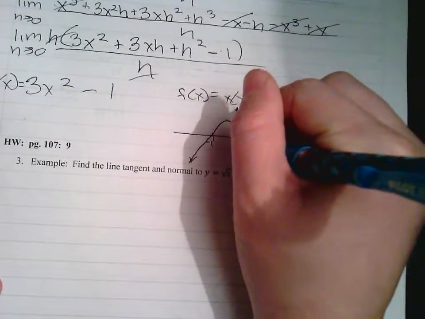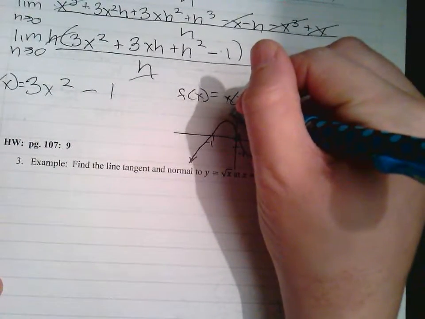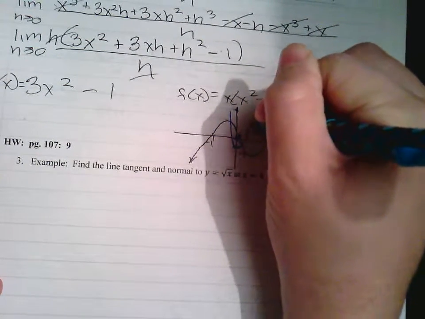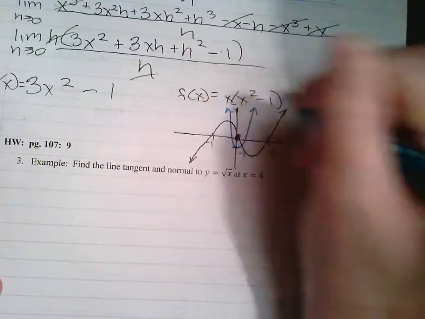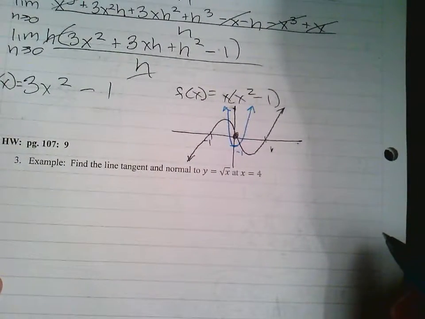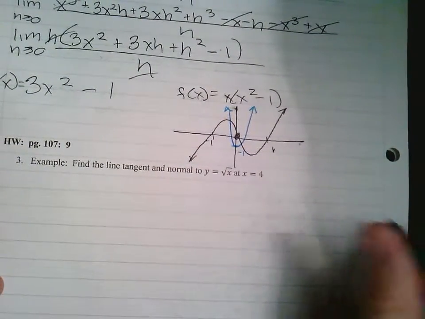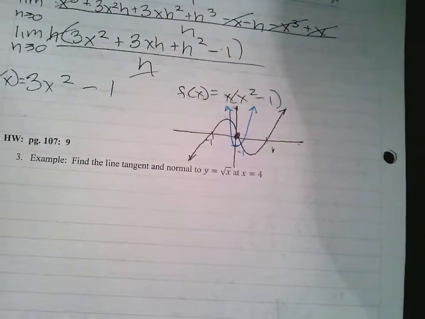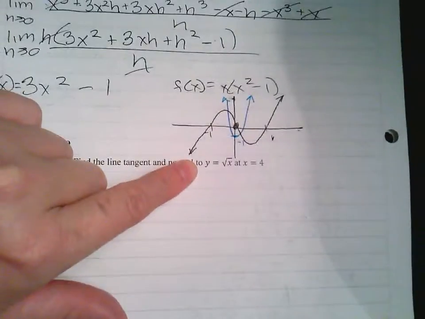I'm just going to draw it like this. Okay, so that is graphing the derivative of a function. All right, find the line tangent and normal to, well, let me let you see everything at once. Here you go.